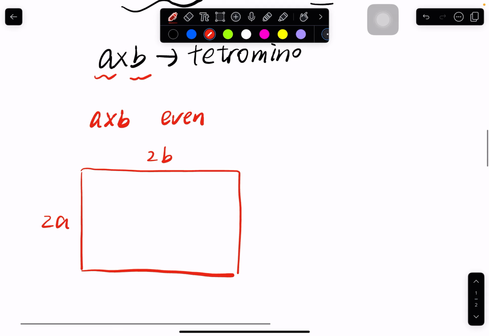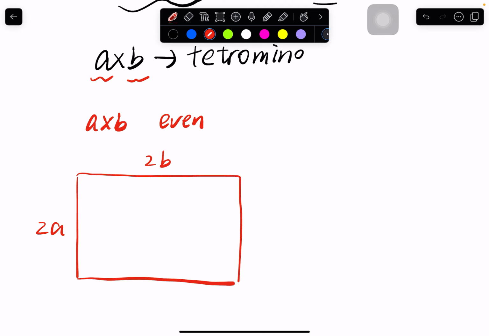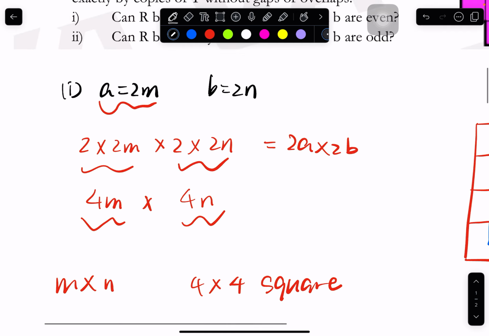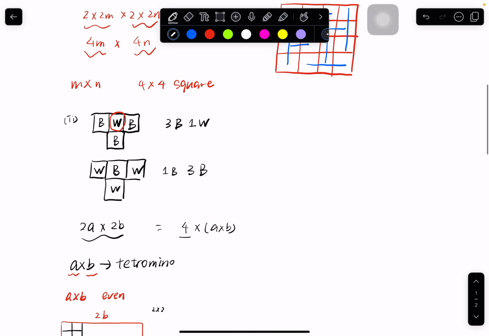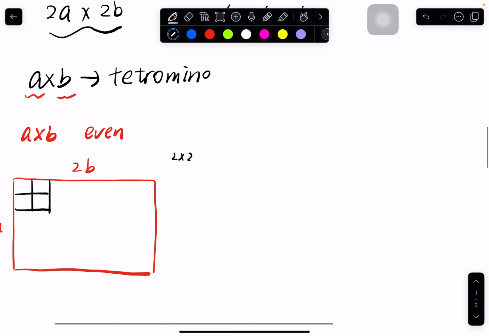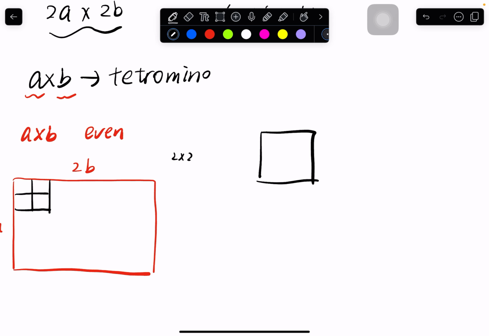We can divide it into many 2 times 2 squares, as we mentioned here. What is the coloring like within a 2 times 2 square?